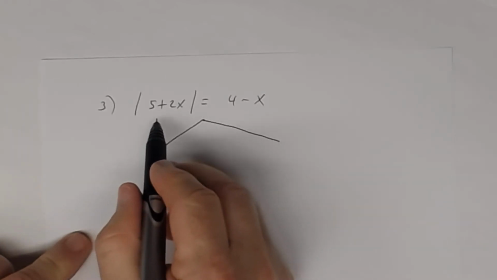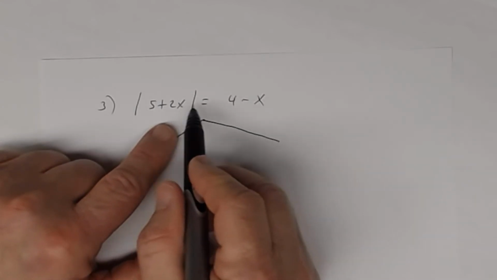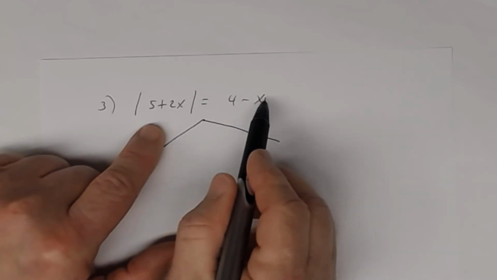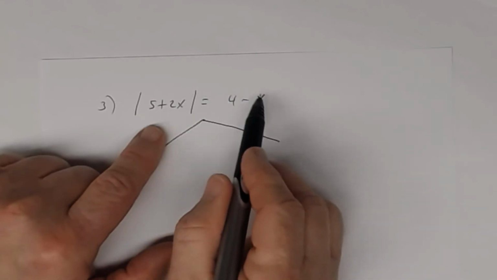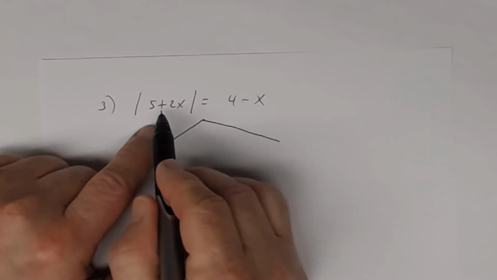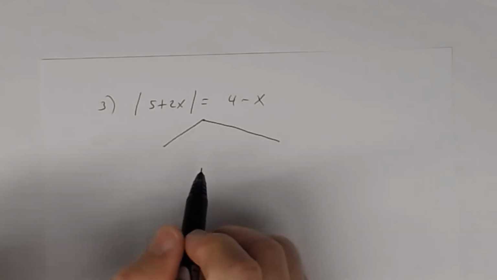First situation would be that in order for this statement to be true, whatever makes this work, this is going to be positive or 0. It will never be negative. So if this is positive, then I know that this and this have to be equal.